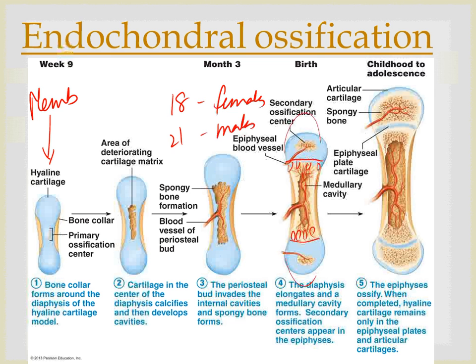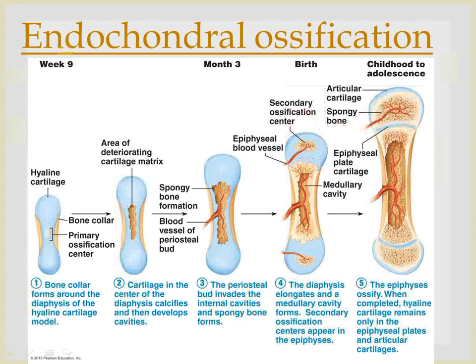I said these growth plates keep making cells, and these cells keep getting replaced by bone. As they keep adding, the bone keeps increasing in length. At one point, that increase in length stops because bone deposition is faster than cartilage formation. As bone deposition overtakes cartilage formation, this epiphyseal cartilage gets completely replaced by bone.